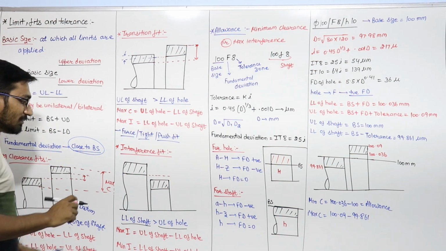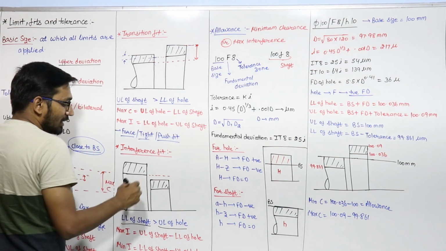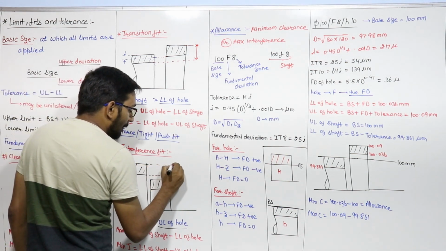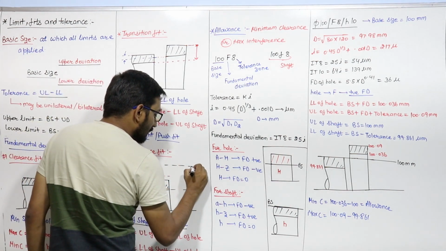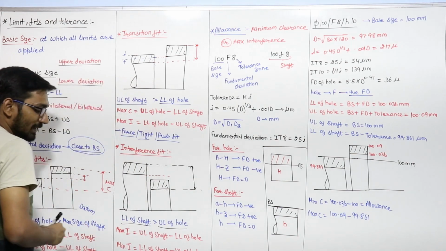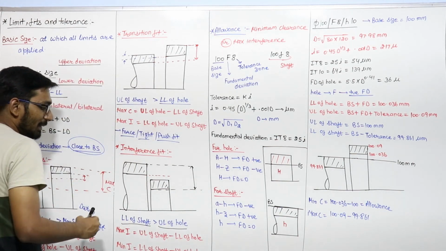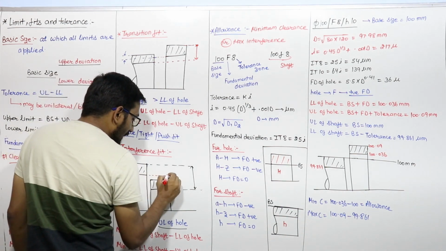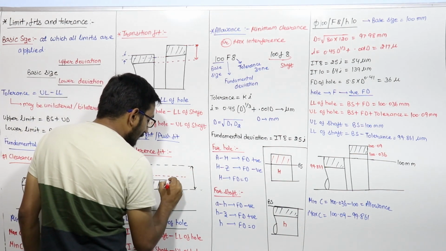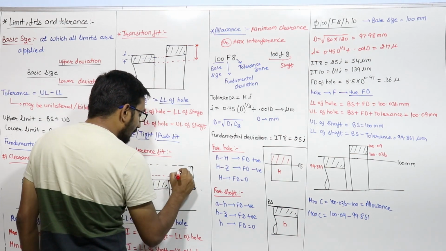So in this, what is the maximum interference? The maximum interference is upper limit of the shaft minus lower limit of the hole. And what is the minimum interference? Minimum interference is your lower limit of the shaft minus the upper limit of the hole.